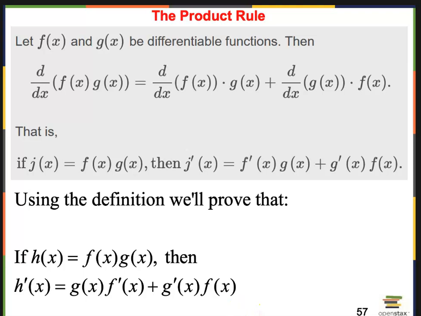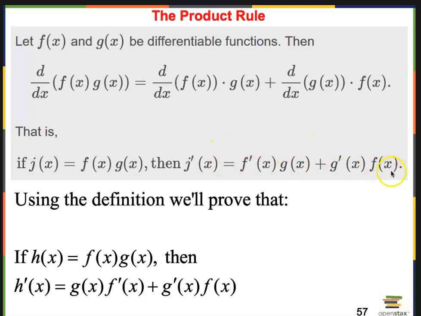So we have a product rule here. F of x and g of x must be differentiable functions. Then we take the derivative of their product. We take the derivative of f of x times g of x plus the derivative of g of x times f of x. So j of x equals f of x times g of x, which would look like j prime of x equals f prime of x times g of x plus g prime of x times f of x.